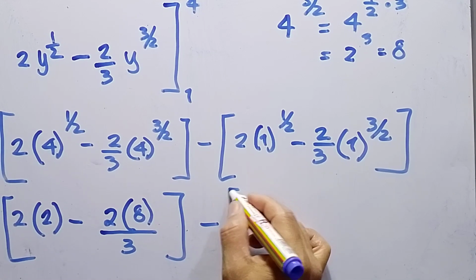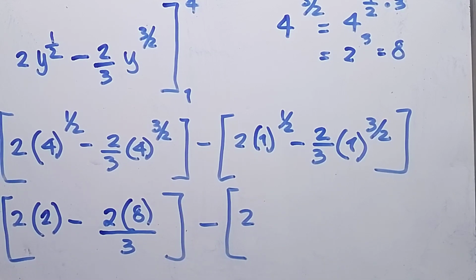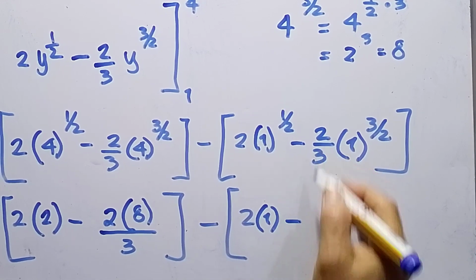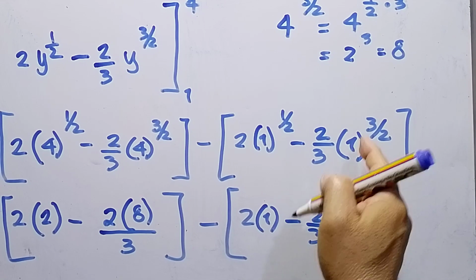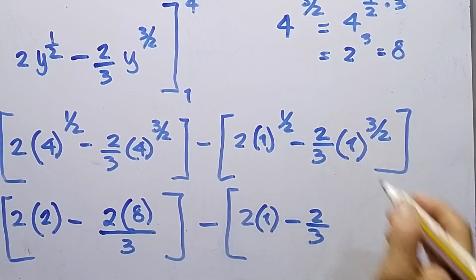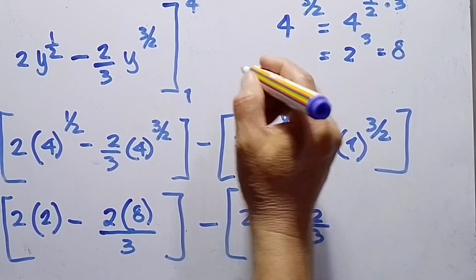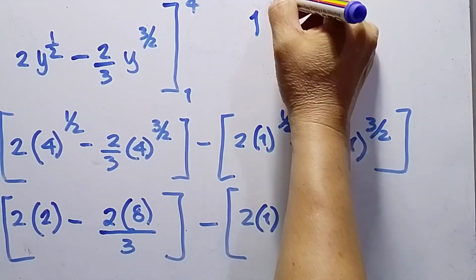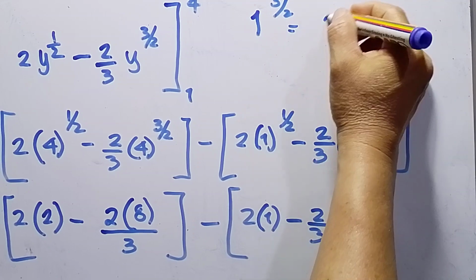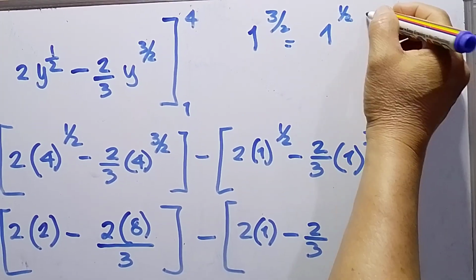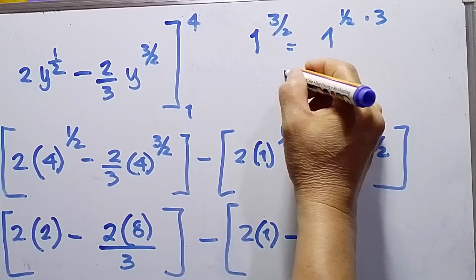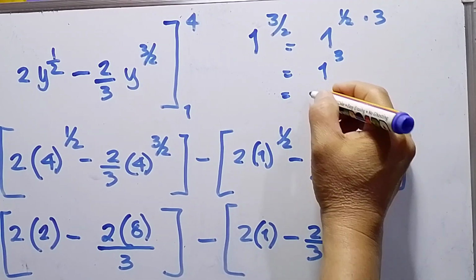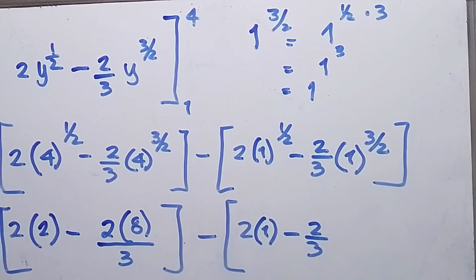And how about this one? 2 times the square root of 1 is 1. Minus 2 over 3 times 1 raised to the 3 halves, meaning the square root of 1, and then raised to the third power, which is also equal to 1.